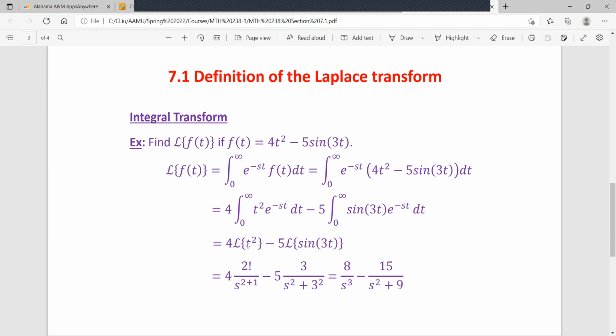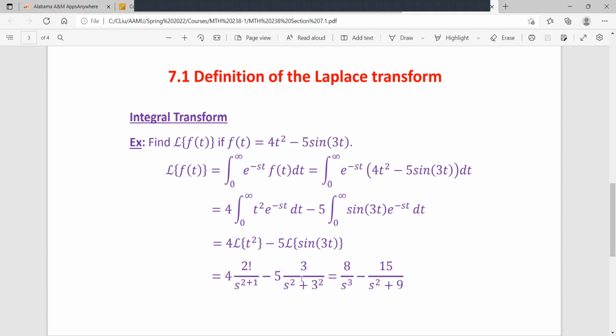The Laplace transform of t squared is 2 factorial over s to the 2 plus 1. If you set n equal to 2 in the formula on the last page, you get this. And for the Laplace transform of sine 3t, you just let k equal 3 and use the formula, and you get 3 over s squared plus 3 squared.